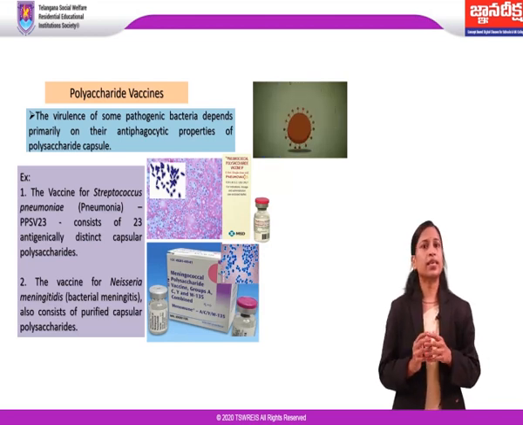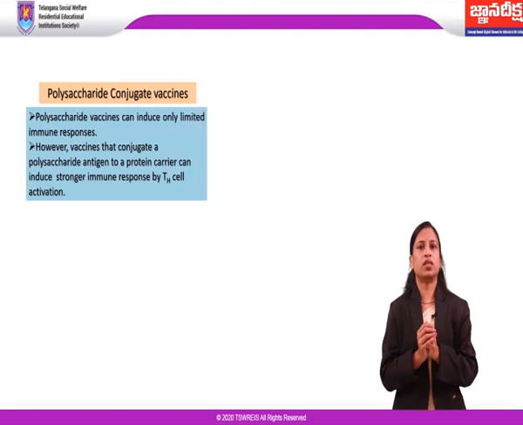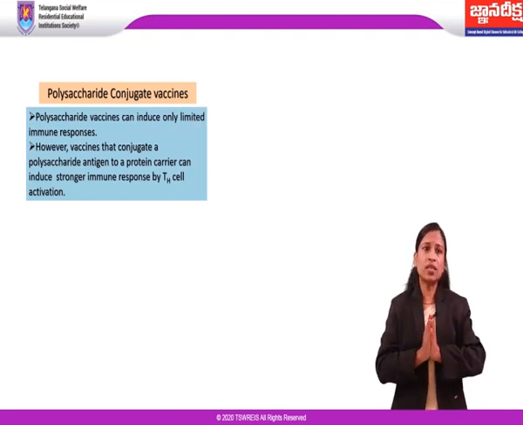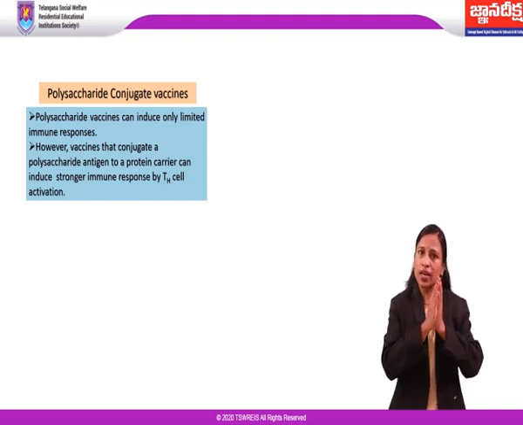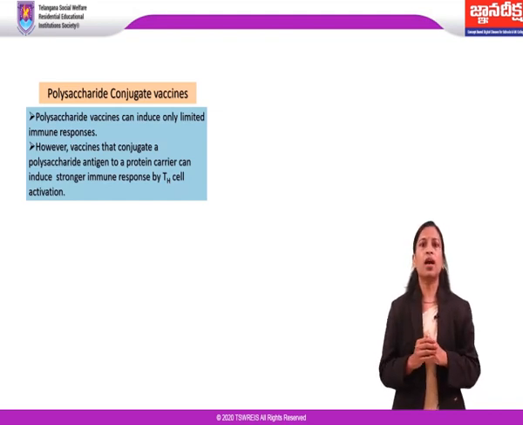Polysaccharide vaccines can induce only a limited immune response by activating B cells in a T-independent manner. As they cannot activate T helper cells, this results in only IgM production, with little class switching and no memory.